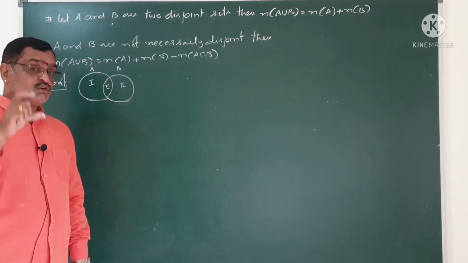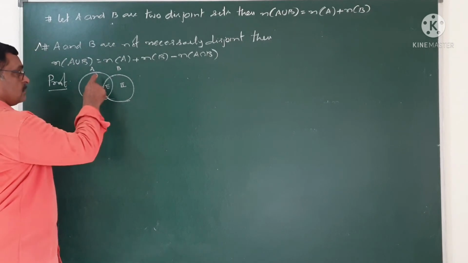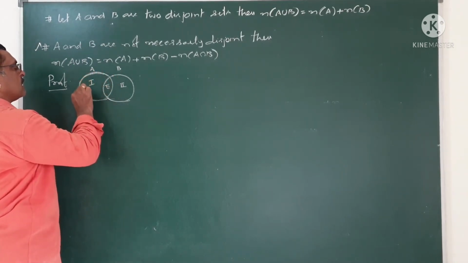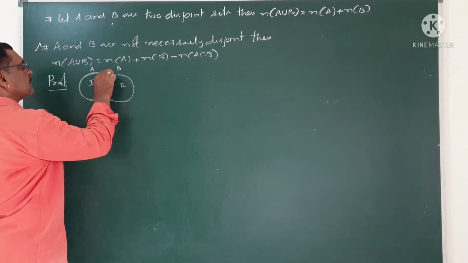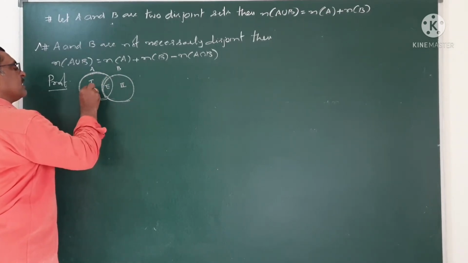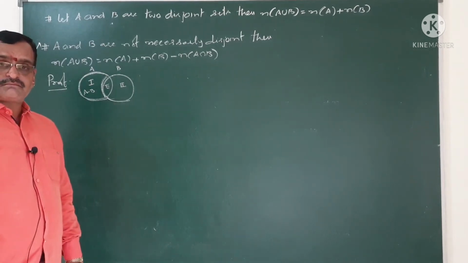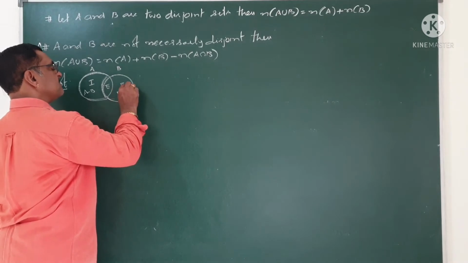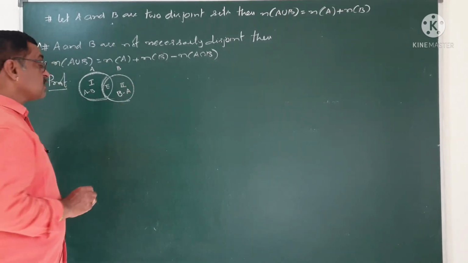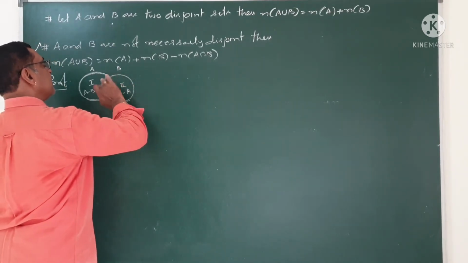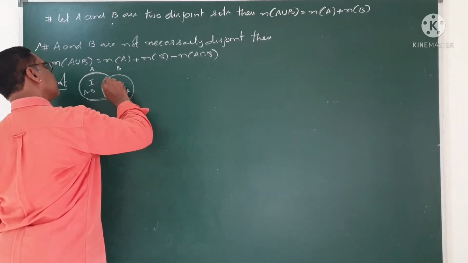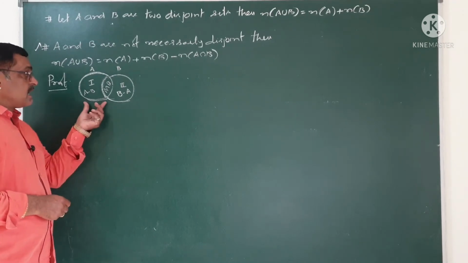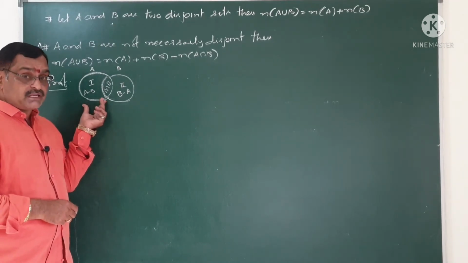If I focus only on part 1, it is nothing but A minus B. If I focus only on the second part, that is B minus A. If I focus on the third one, this is A intersection B. Now, the first part and the third part are not meeting.